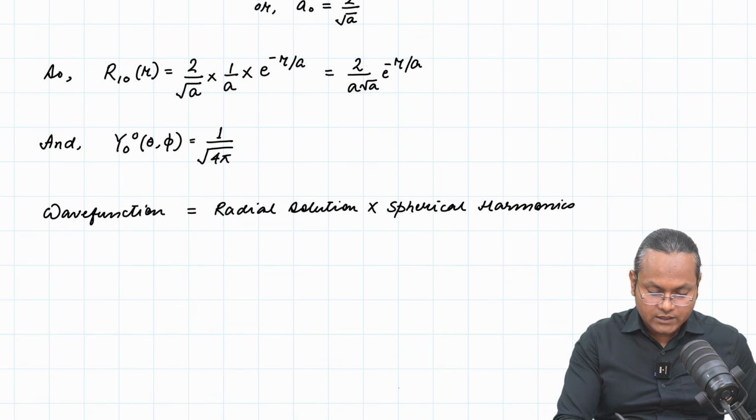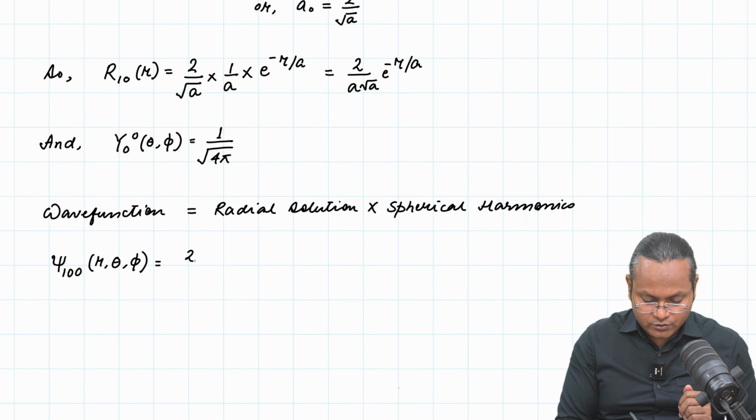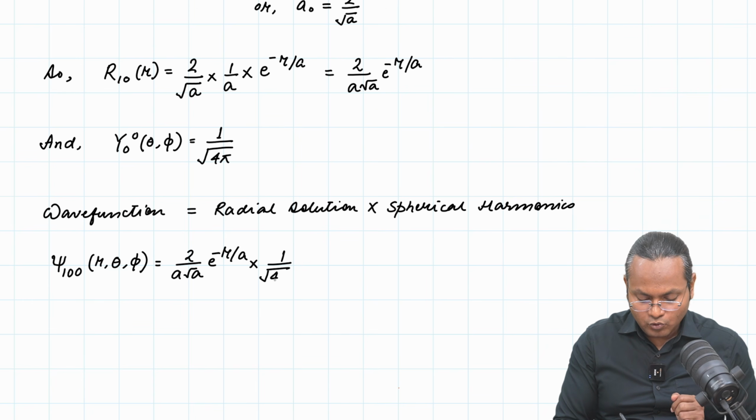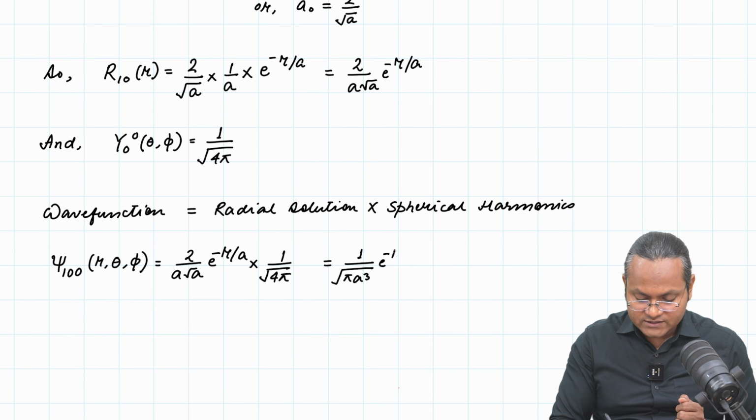So the ground state wave function psi for n equal to 1, l equal to 0, m equal to 0, with respect to r, theta, phi, is equal to the radial solution 2 upon a root a e to the power minus r upon a times the spherical harmonics, which is 1 upon root 4 pi. So here the 2 and the root 4 get cancelled. We are left with 1 upon root of pi a cubed e to the power minus r upon a.